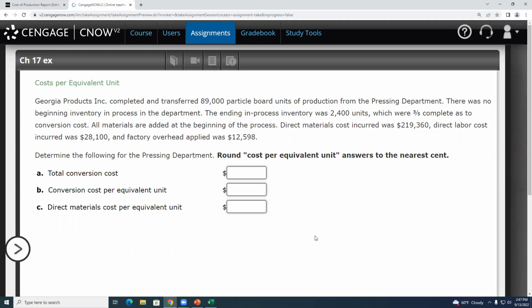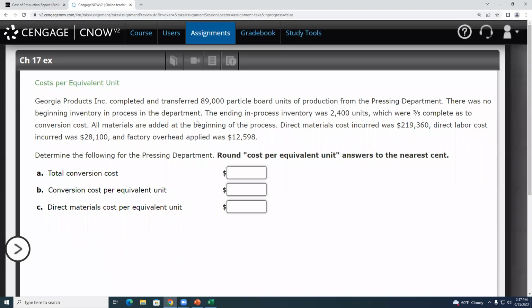I'm not sure we need to go through that for this exercise because a lot of it is given to us. So let's see if we can do this without using the template, because I think it's straightforward enough. We'll go back to the template definitely for the next exercise.